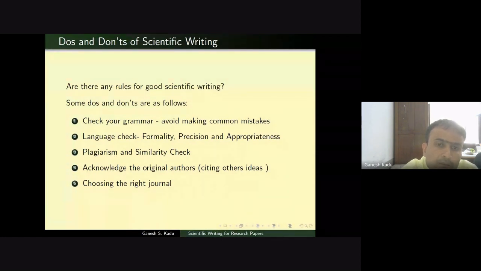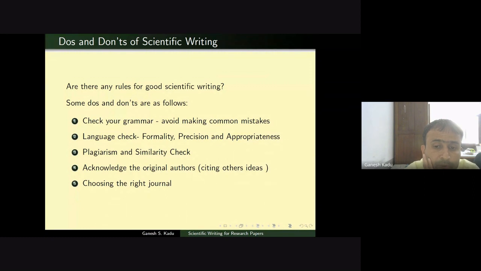Then thirdly, you need to do a plagiarism and similarity check. I'll discuss this point in detail. There are packages you can use to check the similarity index, and I'll also go into what plagiarism means. Then acknowledging the original authors, citing others' ideas, is also part of good scientific writing.